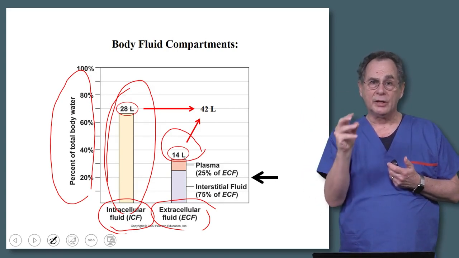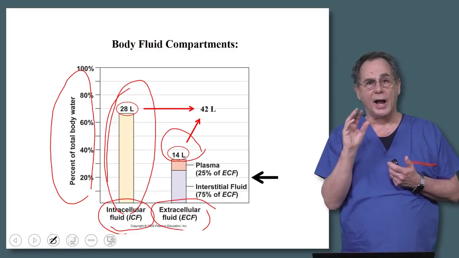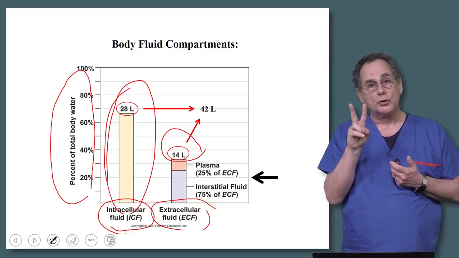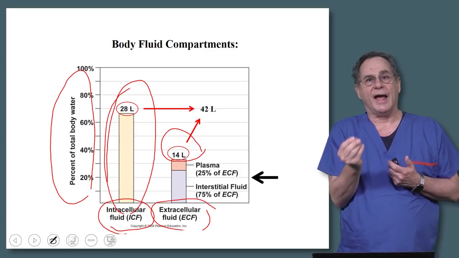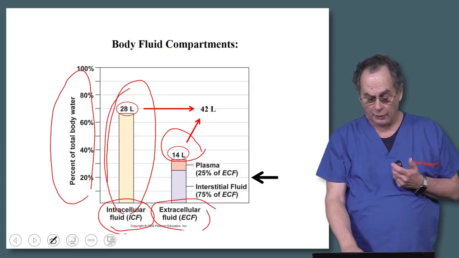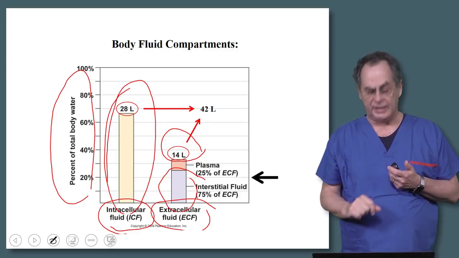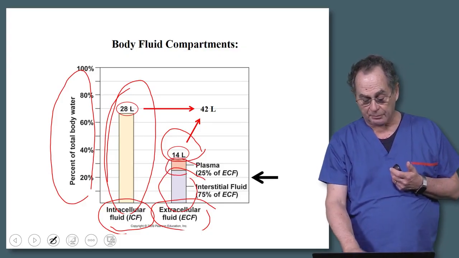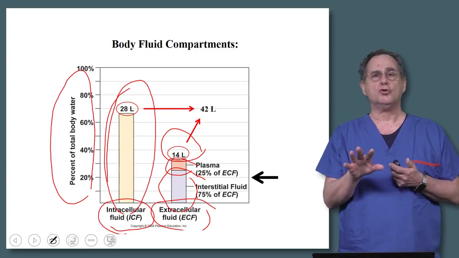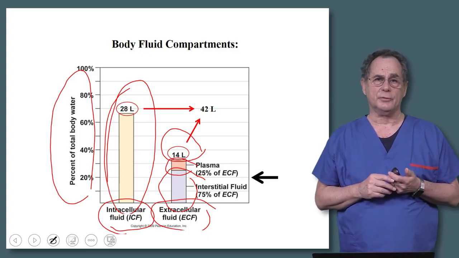Now remember, when we think of the body fluid compartments that are outside of cells, there are two compartments composing that extracellular fluid. The first is the interstitial space, some 75 to 80%, and the other is the plasma compartment, some 20 to 25%.